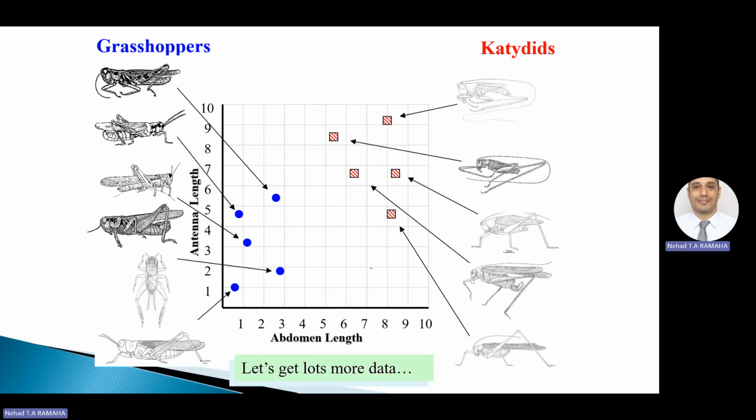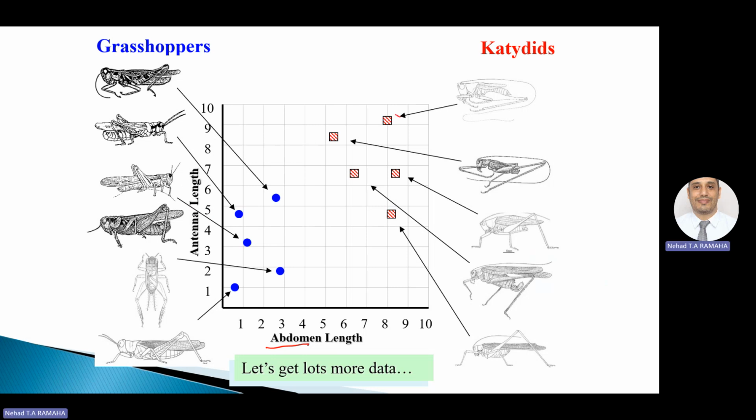So let's take some data. These are the two categories that we have. As you can see, we have abdomen length here with the antenna length.